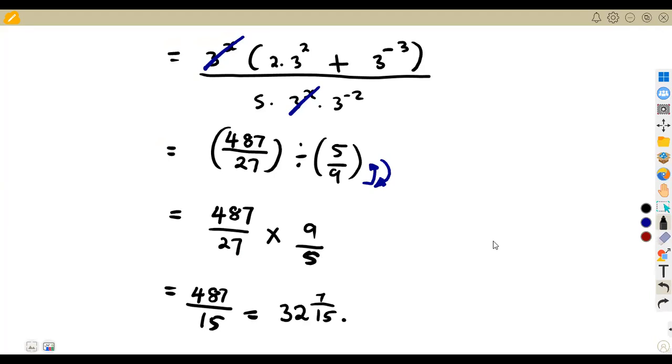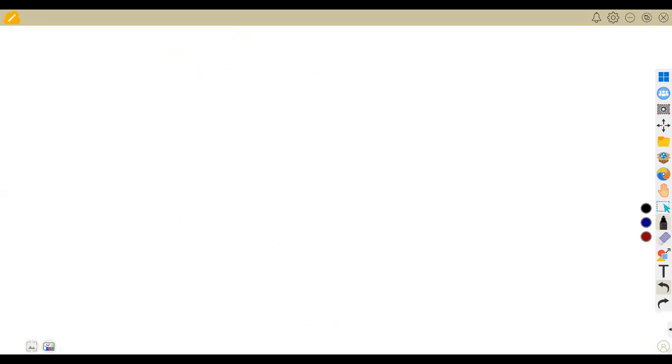Even as an improper fraction, it's sufficient for you to leave your answer like that. Okay, so like I said, these are the questions that you'll be given, and you have to apply your laws wherever they are applicable. All right, let us consider the third question.